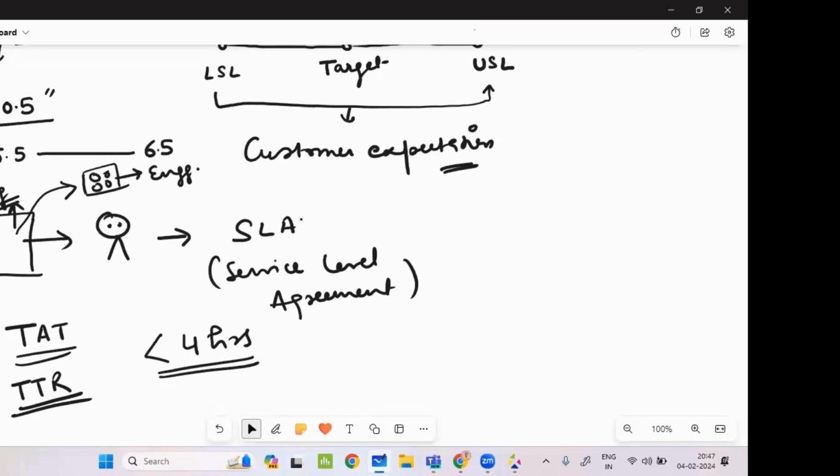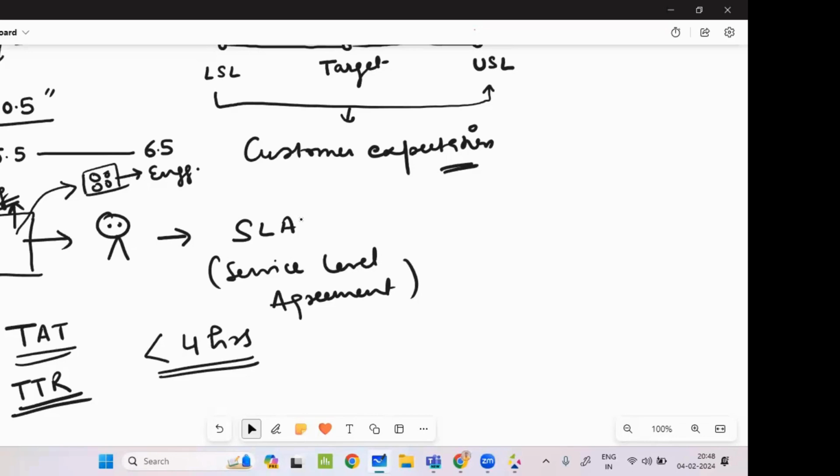Then and only then is your quality compliant; otherwise I may penalize you. So the specification limit, or SLA, is less than 4 hours. As a project manager, I need to ensure that each ticket resolves within 4 hours, because going beyond 4 hours means I have to give a penalty to the customer. It means my services are defective.